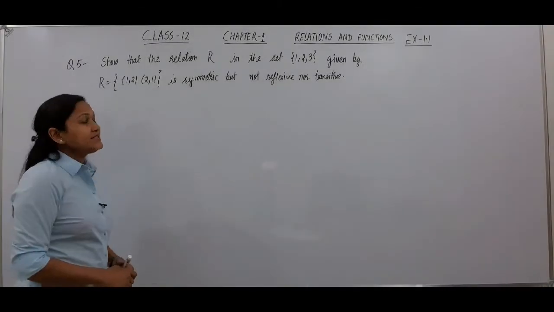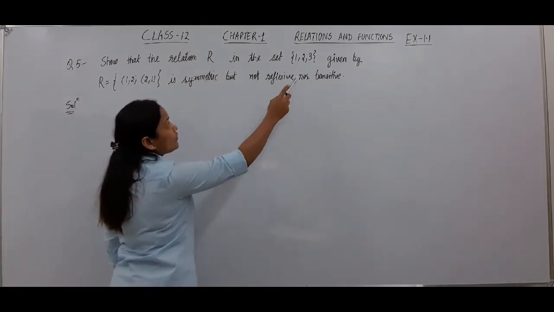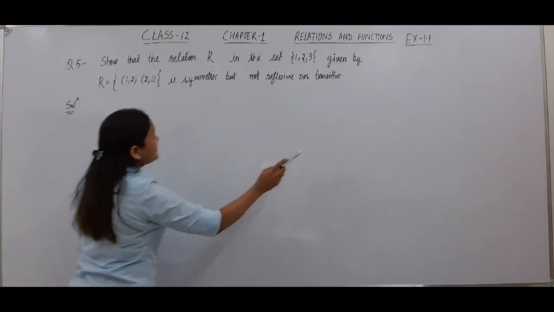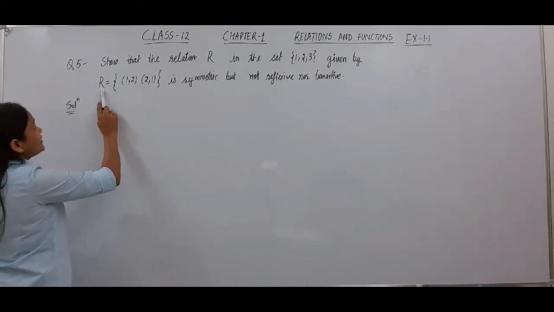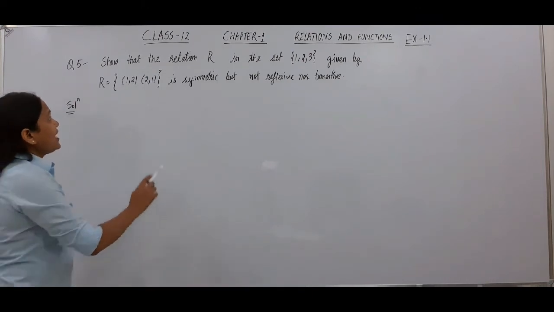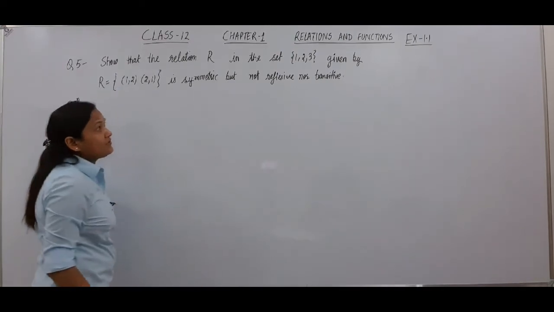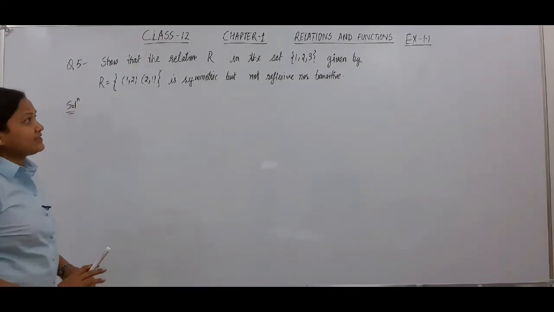Your fifth question is, show that the relation R in the set 1, 2, 3 given by your relation contains 1 is related to 2 and 2 is related to 1. And you have to show that this is symmetric but not transitive and nor reflexive.